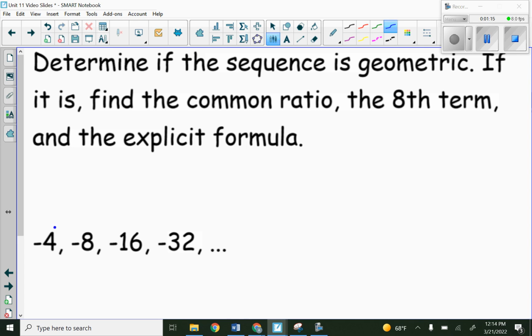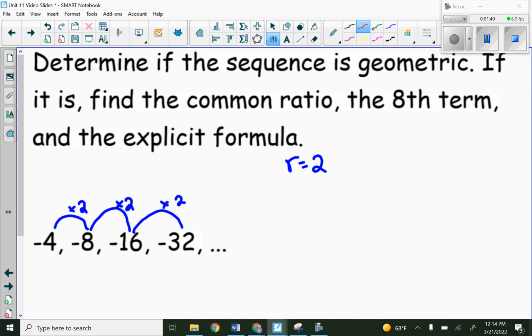Going from -4 to -8, we're multiplying by 2. -8 to -16, we're multiplying -8 by 2. -16 to -32, we're multiplying by 2. So that means r, our common ratio, equals 2.